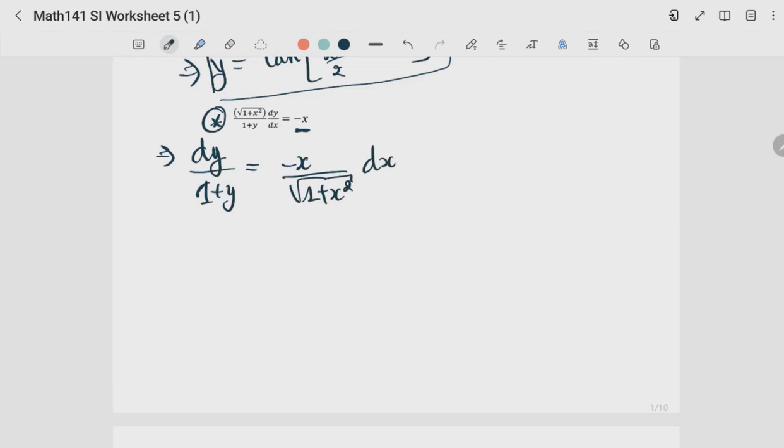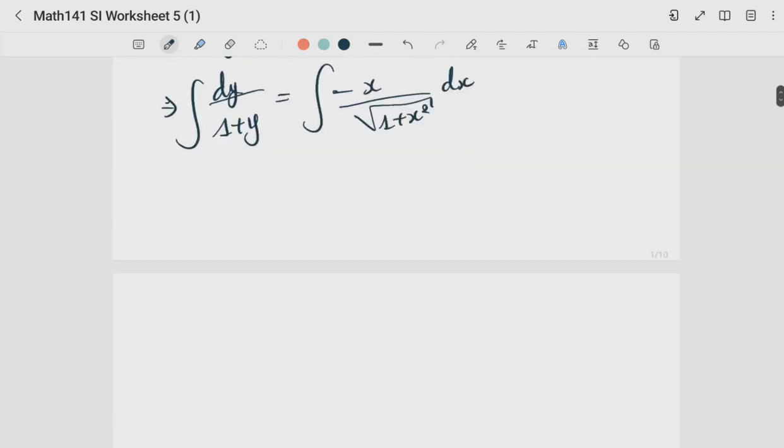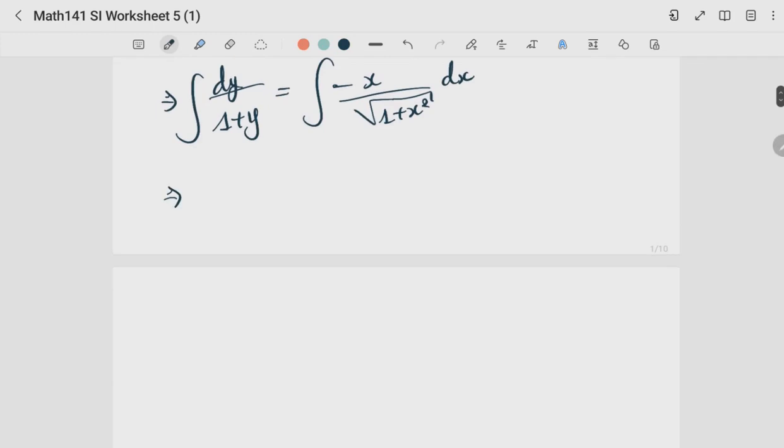Okay, at this point, we can introduce the integral on both sides. Then we have the integral of dy over 1 plus y is equal to the integral of negative x over root of 1 plus x squared dx. And now the integral on the left-hand side is a straightforward one.